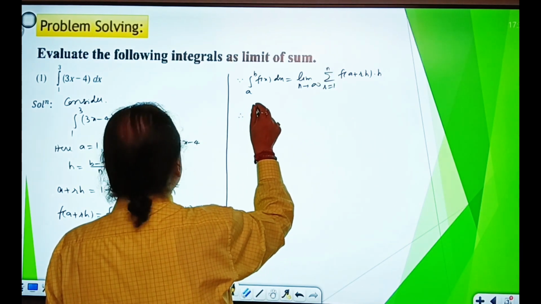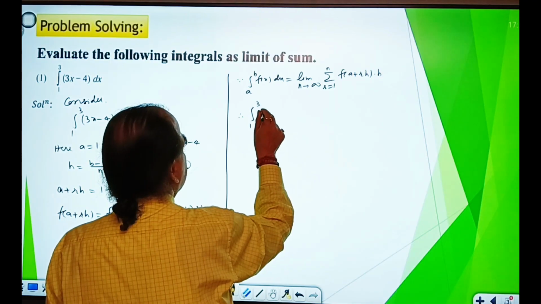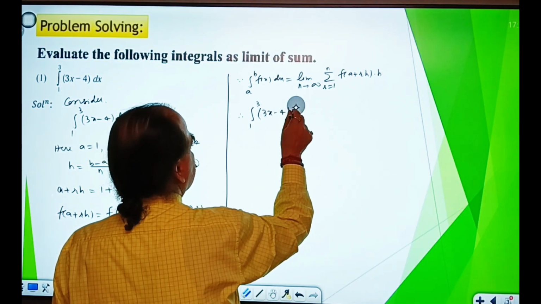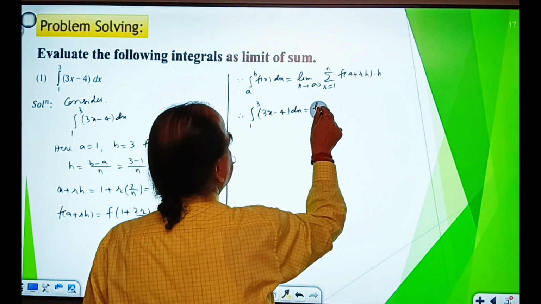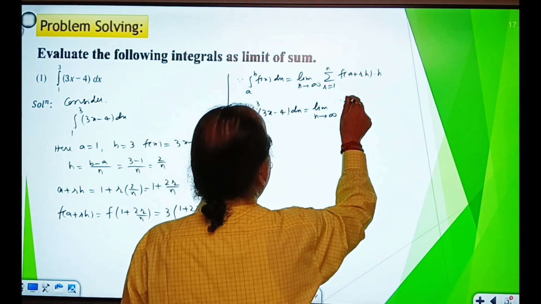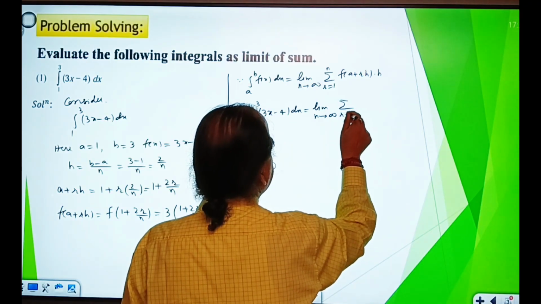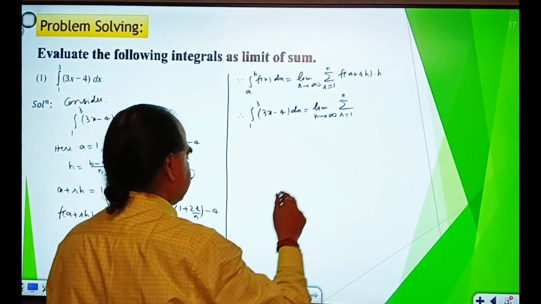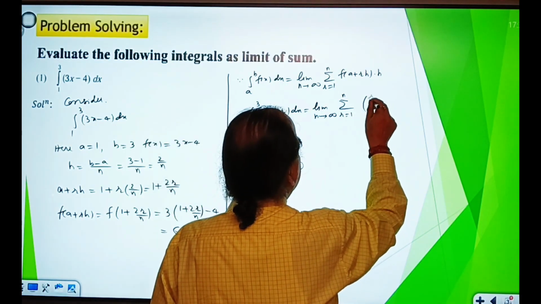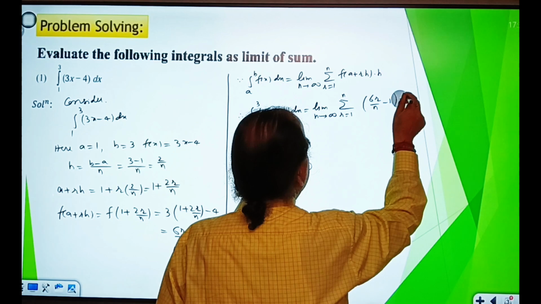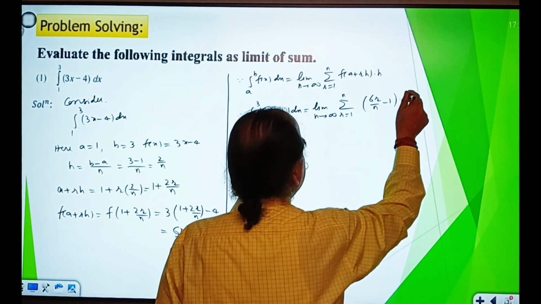Therefore, integral 1 to 3 of (3x minus 4) dx is limit n tends to infinity, sigma r from 1 to n, f of (a plus rh), which is 6r by n minus 1, into h, which is 2 by n.